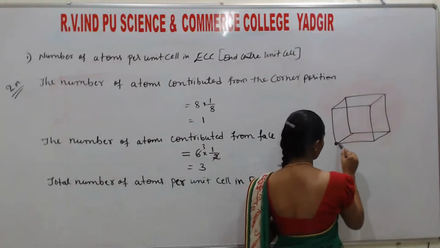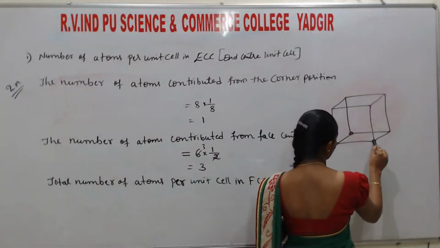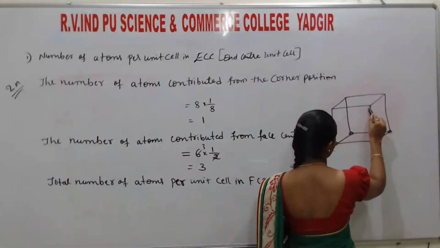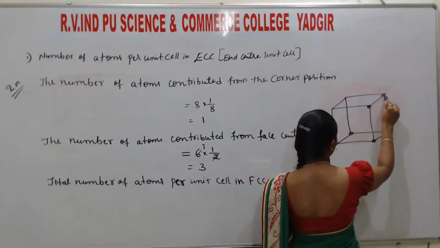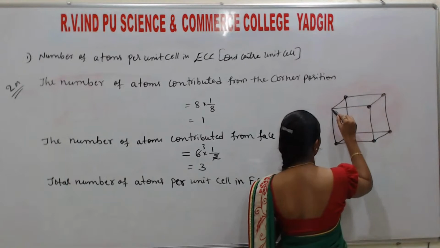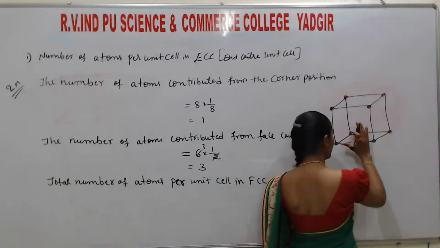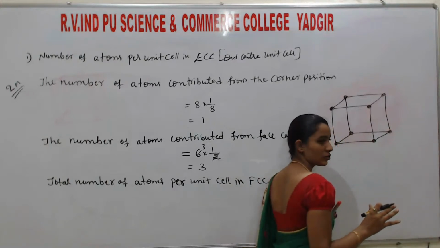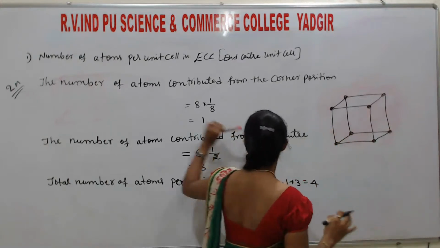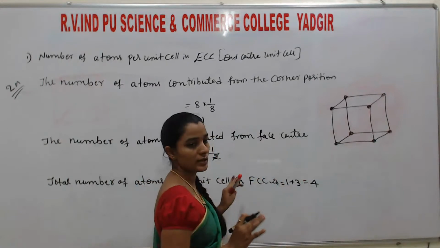So at the corner positions, constituent particles are there. Understood? So first sentence follows the same.